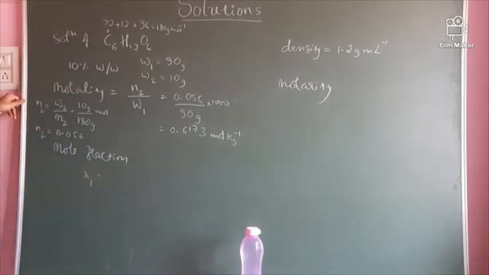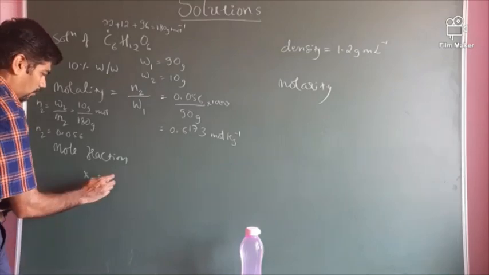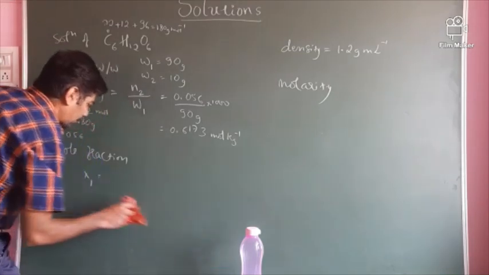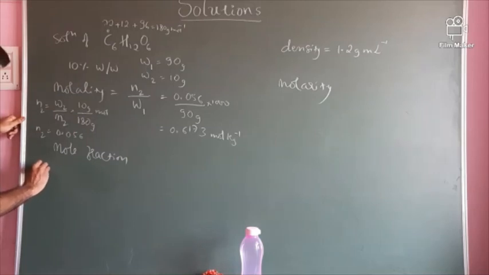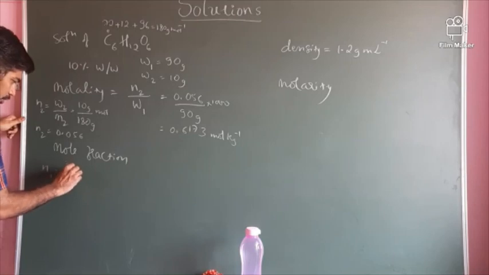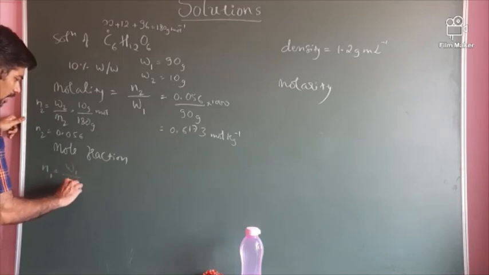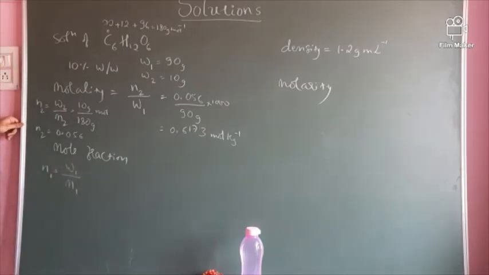Now whether you are calculating x1 or x2, you need the number of moles of both the components. So for x1, first let's calculate. We already have N2, we need N1. N1 is equal to actual mass, that is W1, divided by molar mass, that is M1.